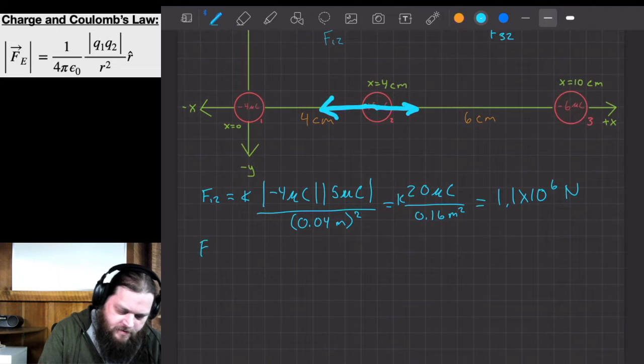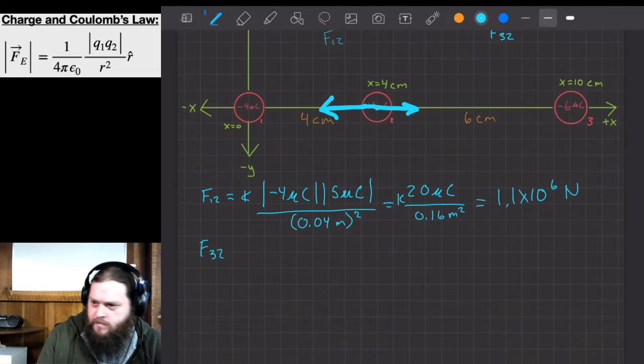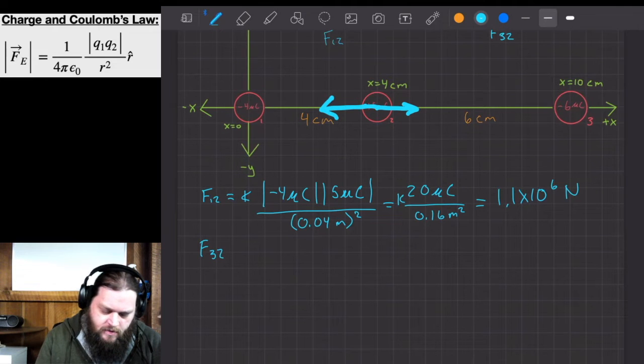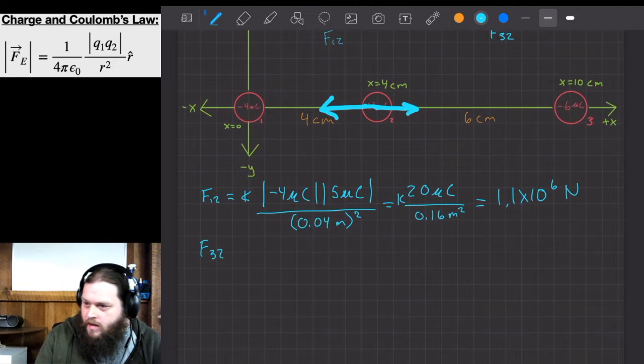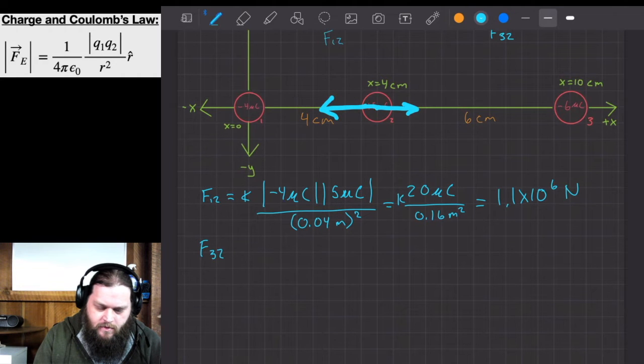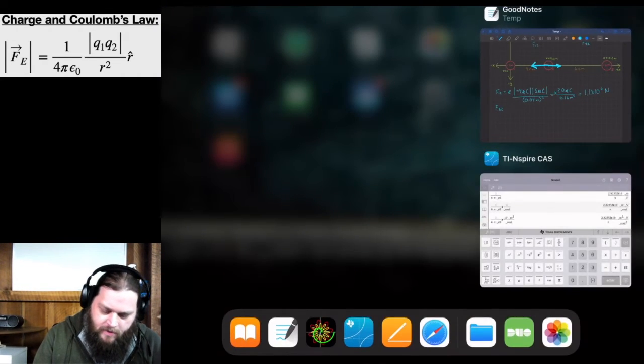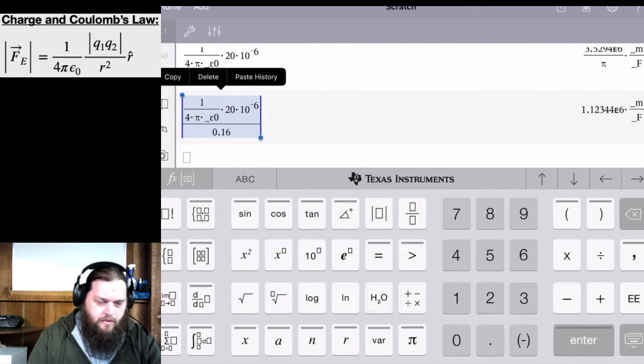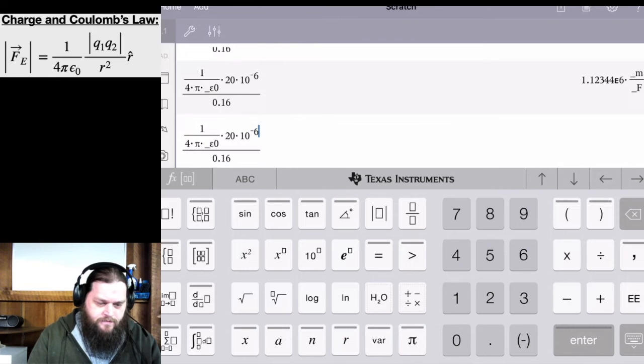Let's try the force from 3 to 2. 0.0016. Yes, thank you. Thank you, Ricardo Pinji. To the negative 12, 10 to the negative 12. That would probably change everything, wouldn't it? Let me do that here real quick. That's what I get for trying to do math in my head.